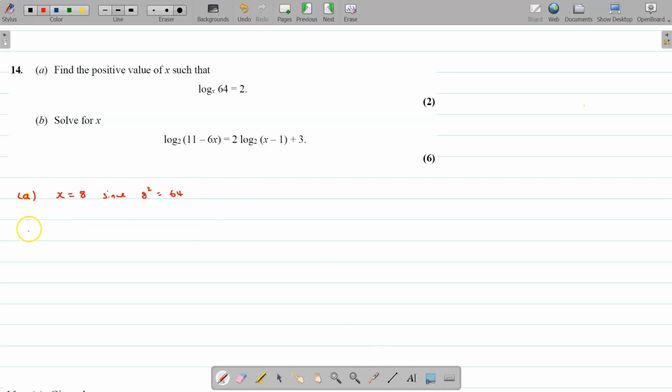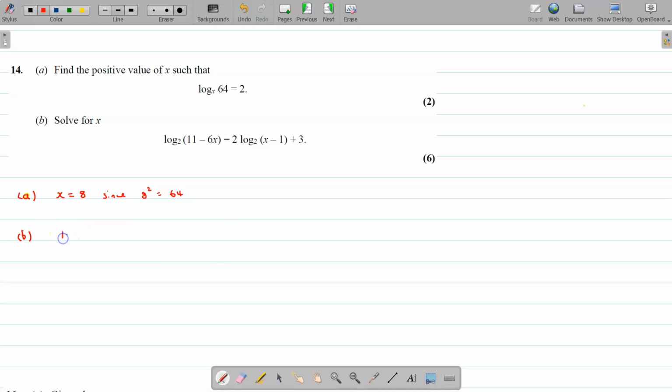Now, the second part requires us to use the rules of logarithms, several of them in fact, to eventually remove the log term altogether to solve this for x. So what we're going to do first is recognize that we can recreate this as follows.